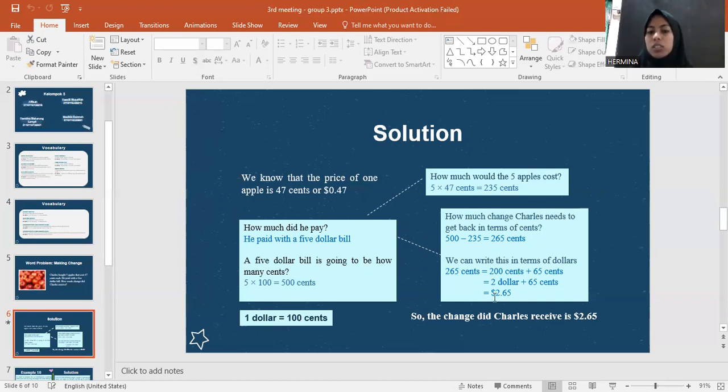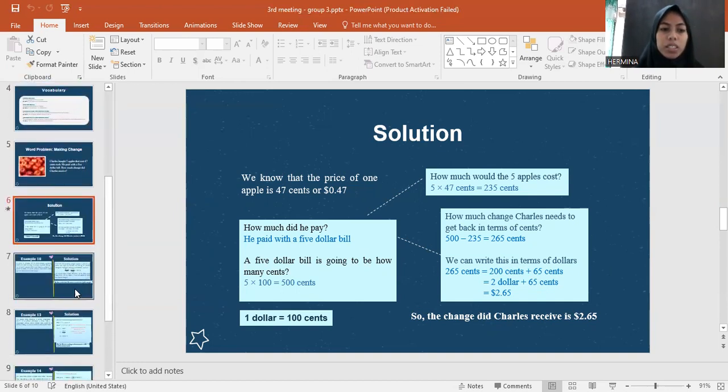So we're just going to use the dollar, the same as what they use in the question. 265 cents is equal to 200 cents plus 65 cents. The 200 cents is equal to $2 plus 65 cents. So the answer is, the change that Charles received is $2.65.